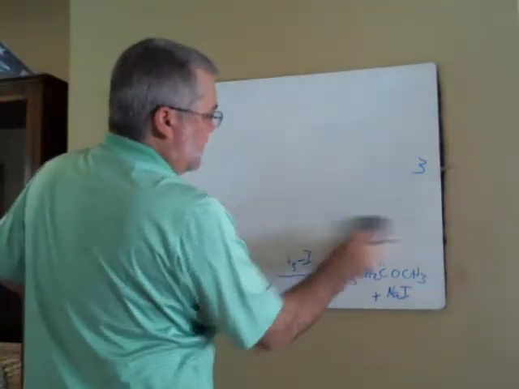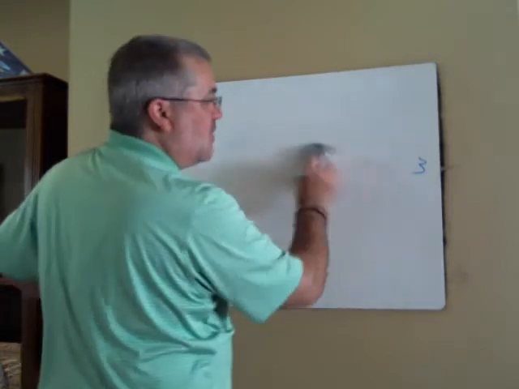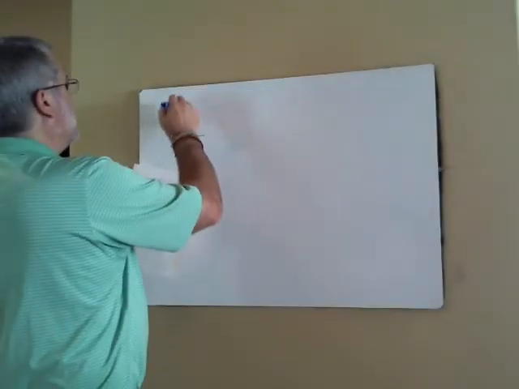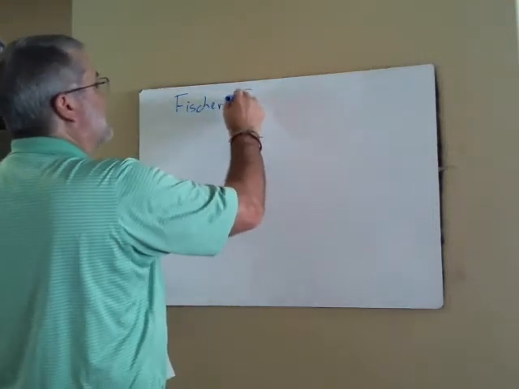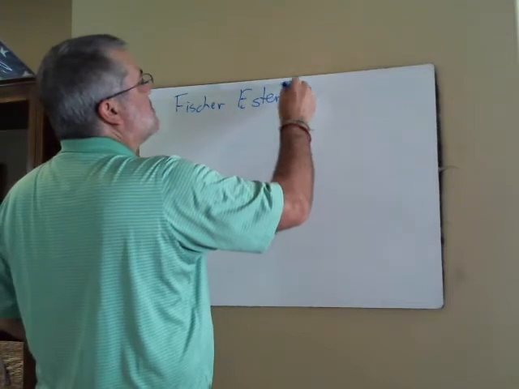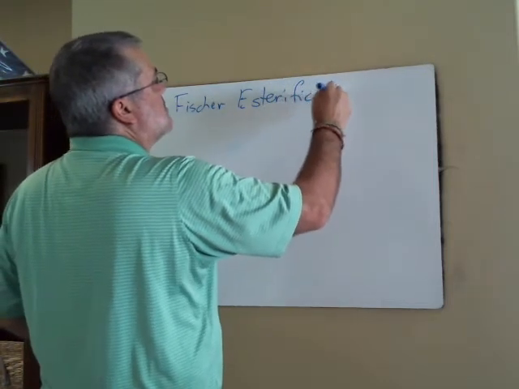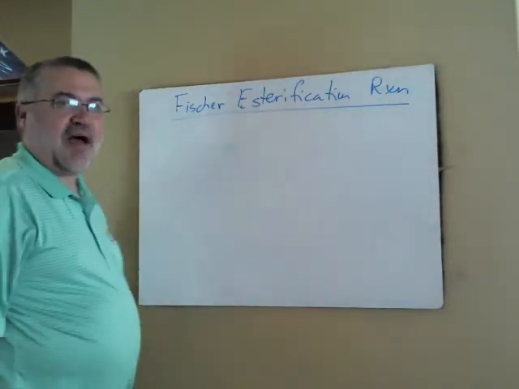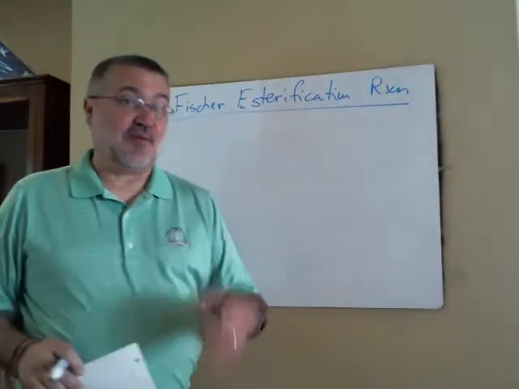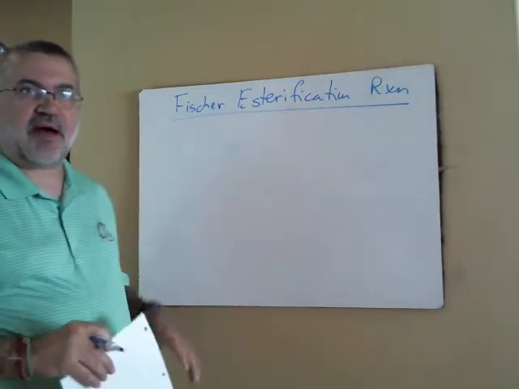Because it has a limitation, we would hope that there are other ways of doing it, and there is. There's something called the Fischer esterification reaction. This goes way back, probably into the 1800s, so they really did name reactions after people back then.